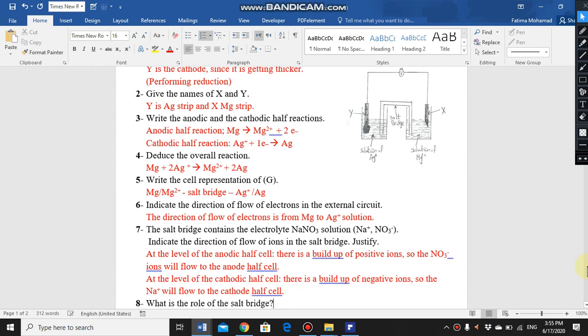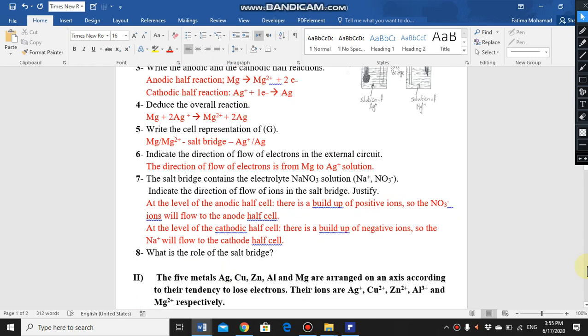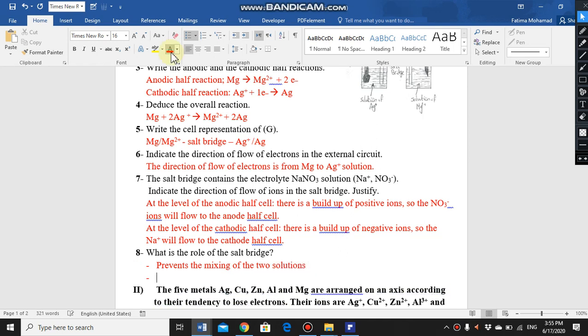Now what is the role of the salt bridge? We have 3 roles that I've discussed before. First of all, it prevents the mixing of the two solutions. What else?